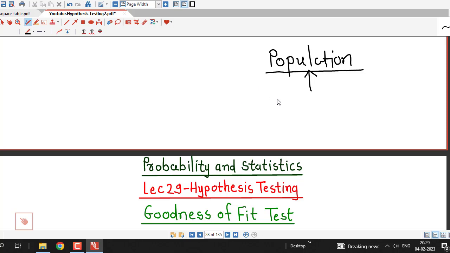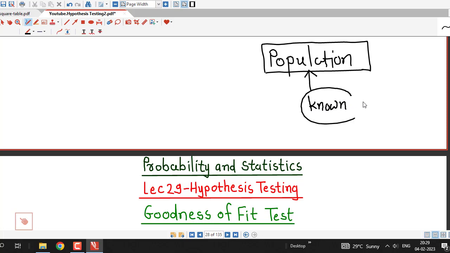Up to lecture number 28, in whatever hypothesis testing we have discussed, the probability distribution of the population is known in advance, and then we perform the corresponding hypothesis test.